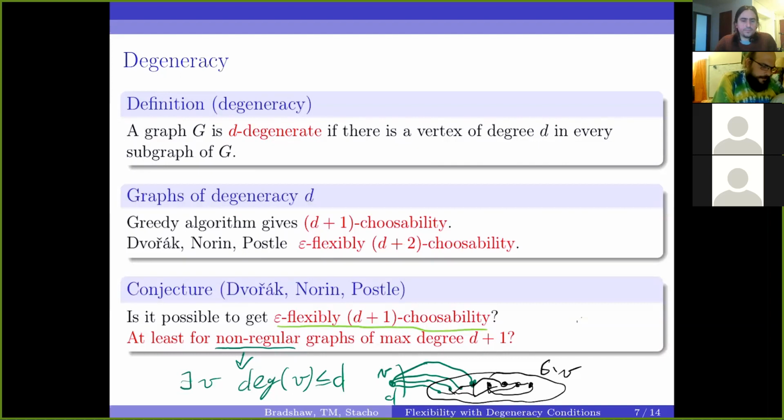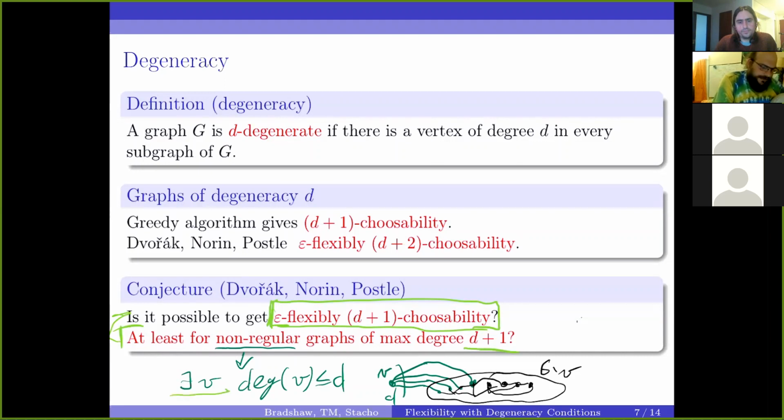So they conjectured that it should be possible to do it with D+1 colors. But as I said, it doesn't have to be easy, and I will look at it on the next slide. So right now I will say that they also mentioned that it's a bit easier question for non-regular graphs of maximum degree D+1. So we show the same, but for this restricted graph class.